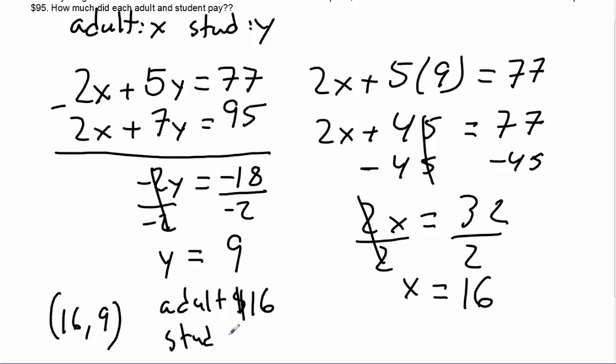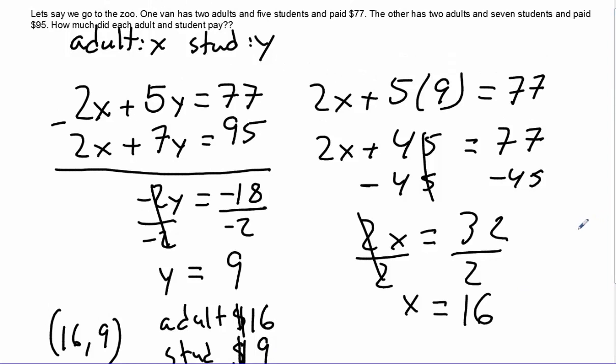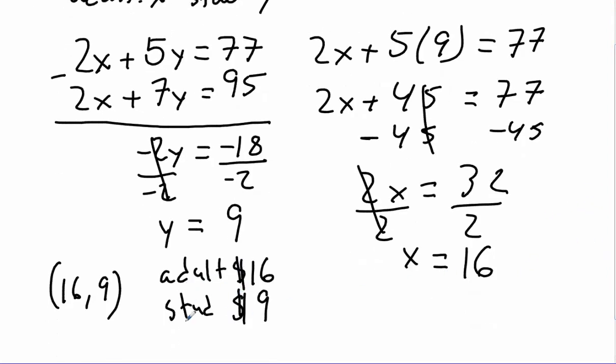Student ticket is $9. So, in order to get full credit for this problem, you need to give me $16 for an adult ticket, $9 for a student ticket, and that's it.